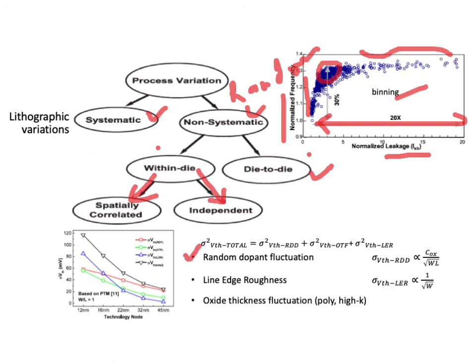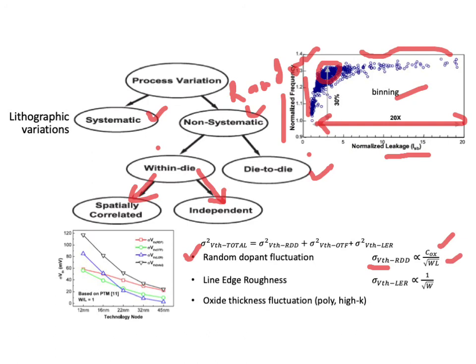That is the random dopant fluctuations. This is, as I mentioned before, because the transistor sizes are so small now, on the order of nanometers, you can literally count the number of dopant atoms to generate a heavily doped N-well or heavily doped P-well. So a change in one dopant atom would lead to significant deviation, and the random dopant fluctuations would lead to variability in the threshold voltage, and the standard deviation of this variability is dependent on the oxide capacitance as well as the square root of the width to length.